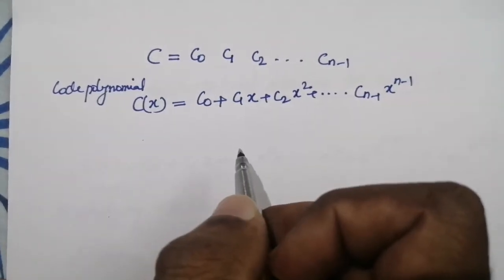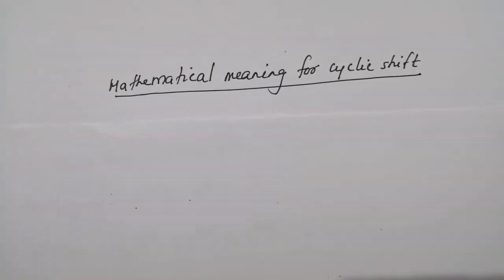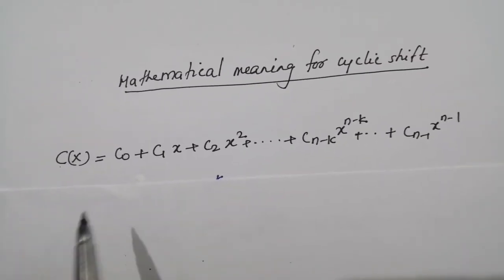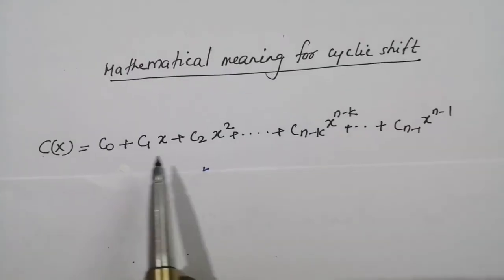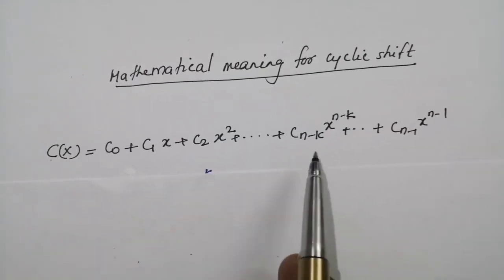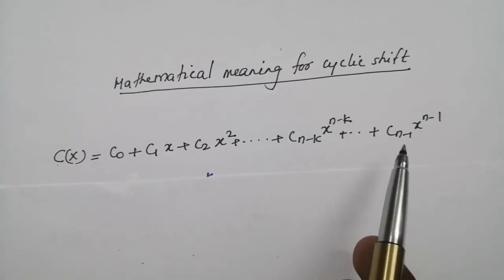Now we will illustrate the mathematical meaning for cyclic shift. Our code polynomial C of x is given by C0 plus C1x plus C2x square plus etc. plus Cn minus k x raised to n minus k plus etc. plus Cn minus 1 x raised to n minus 1.